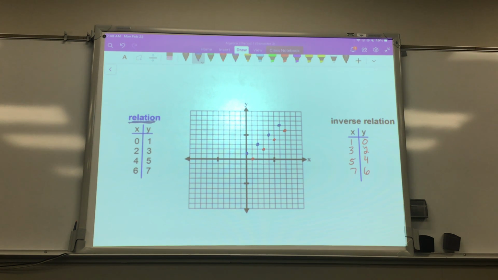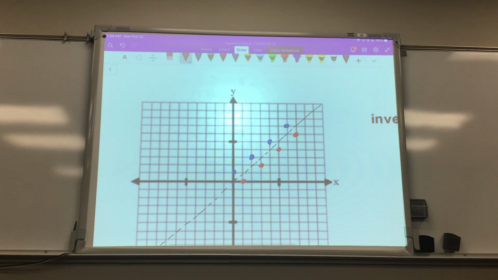Now, I'm going to draw the line y equals x. What do you notice with those points from the original relation compared to the inverse relation? So the blue points to the red points, what do you notice?